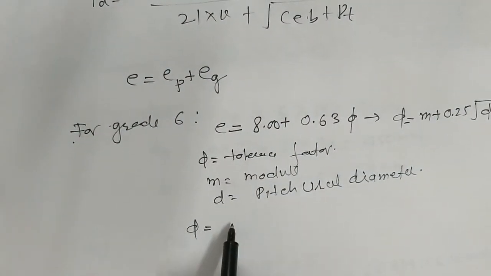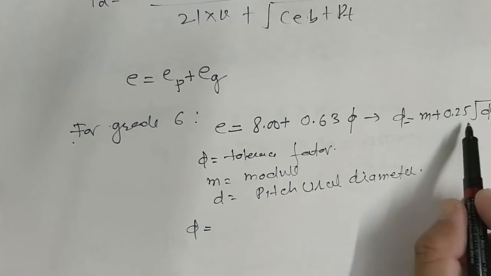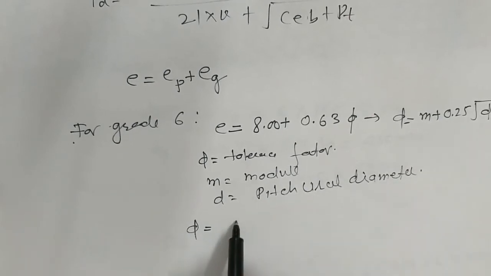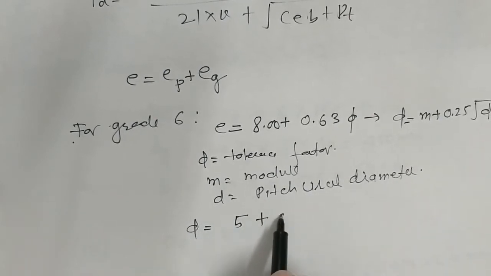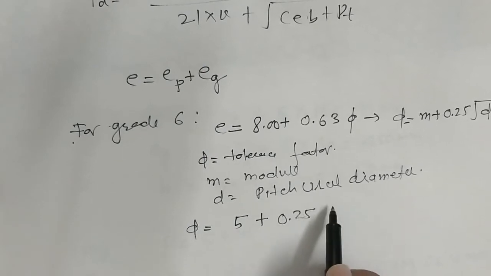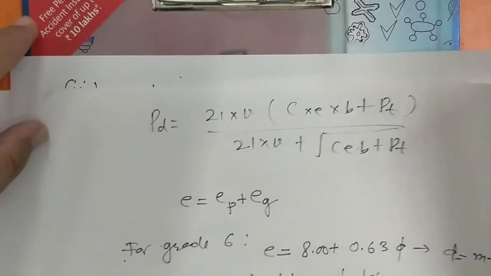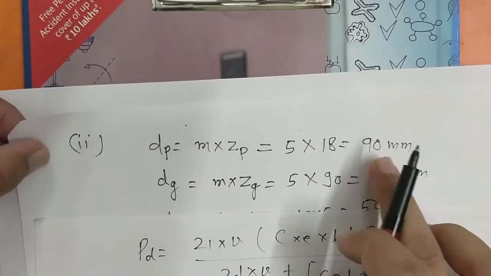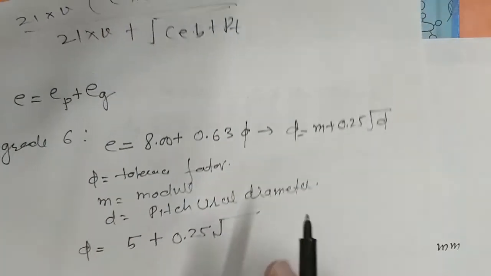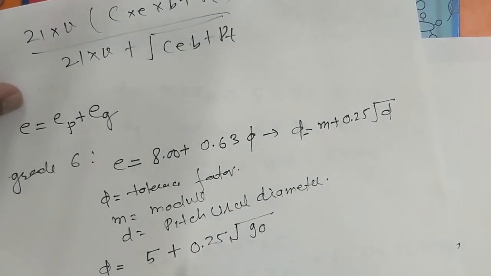Phi is m plus 0.25 under root d. So m is 5 plus 0.25 times under root dp, and already we calculated dp is 90 mm, so this is 90.